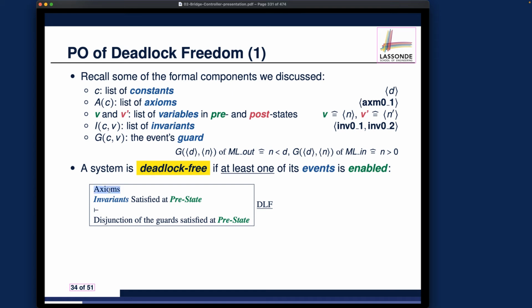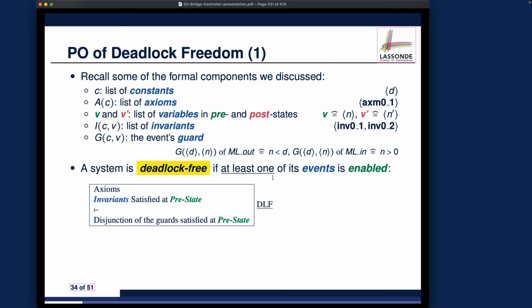One is about the axioms, and the other is about the invariants being satisfied in the pre-state. Given these two assumptions, we want to prove that, as a consequence, the disjunction of the guards is satisfied at the pre-state. We want to make sure at least one event has its guard evaluating to true. That's why we say disjunction. You can think of the disjunction here as the formulation for at least one event being enabled.